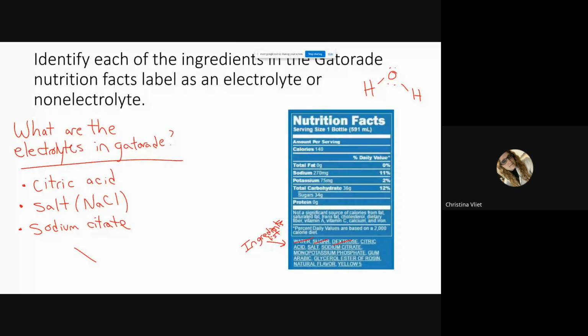Monopotassium phosphate. First of all, can we answer whether or not that's an electrolyte? Definitely. It's got the polyatomic ion, it's got potassium, which is a metal. So in terms of answering my question, that's an electrolyte. What is monopotassium phosphate? You have enough context to figure it out. Mono means one.